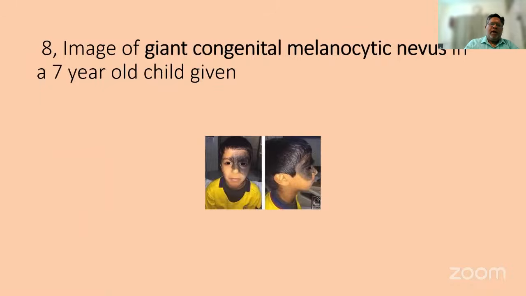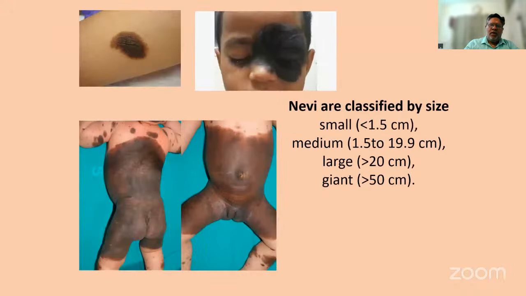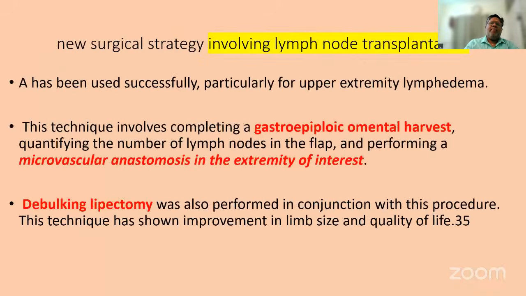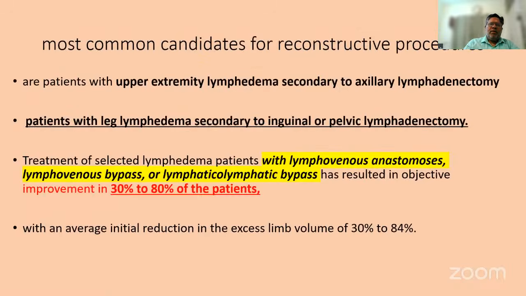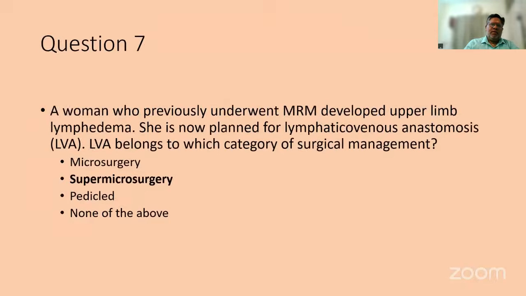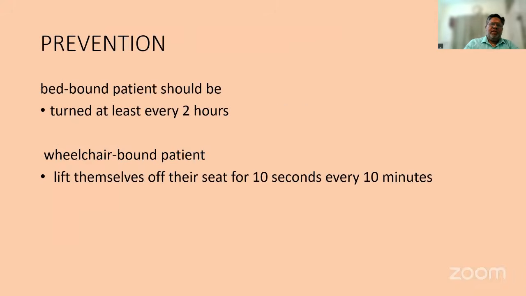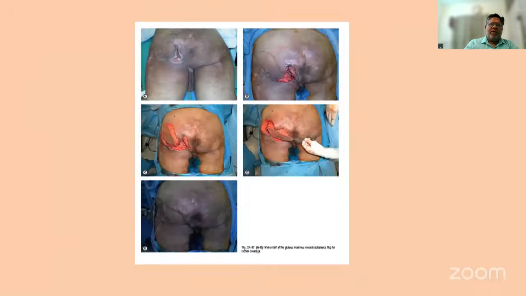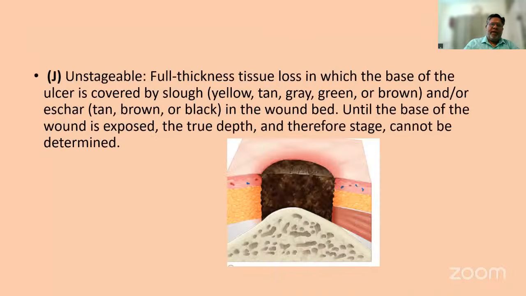Melanoma is a very high risk, and it is usually classified according to the size as small, medium, large, and giant. We also saw reconstructive procedures in lymphedema, prevention of pressure sore, and national pressure ulcer scoring, which is very important.